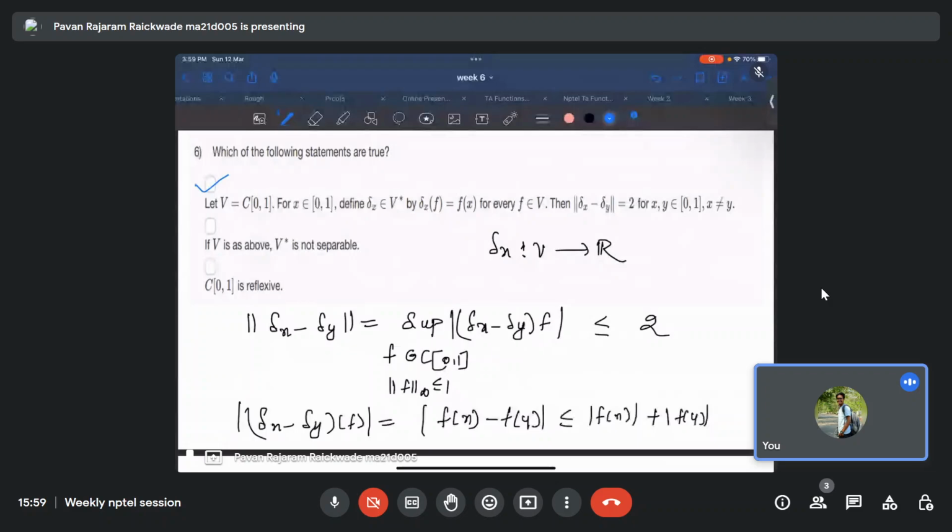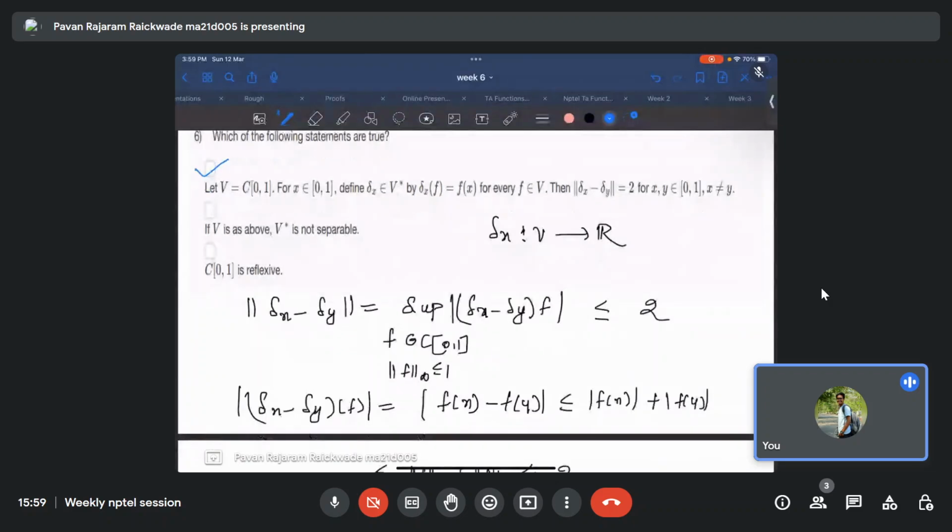Now option B: if V is as above, then V star is not separable.